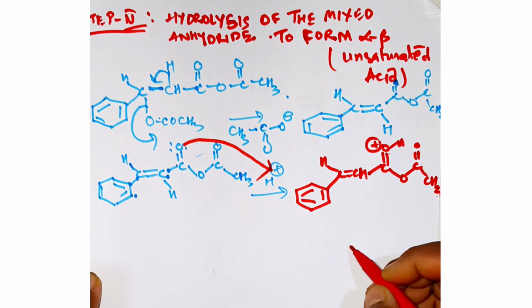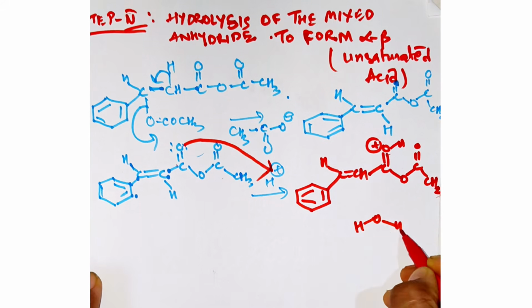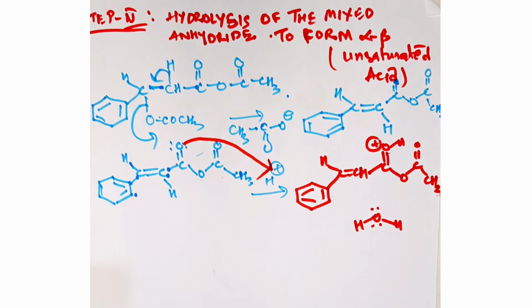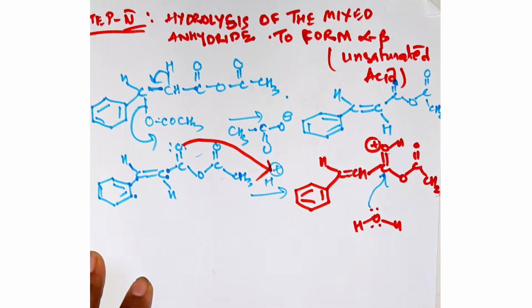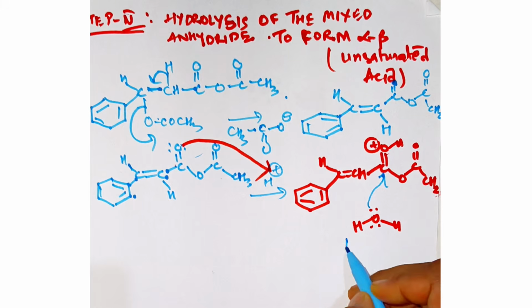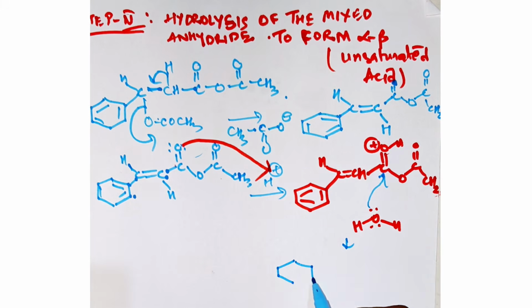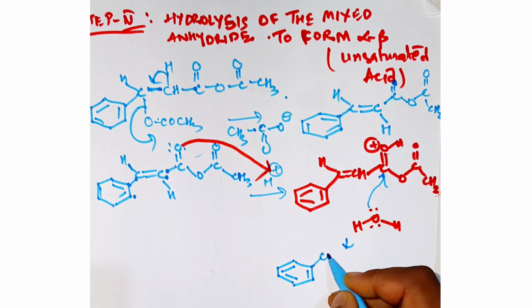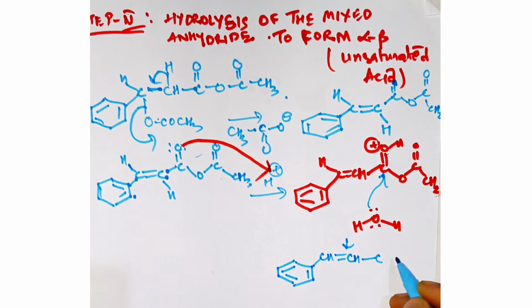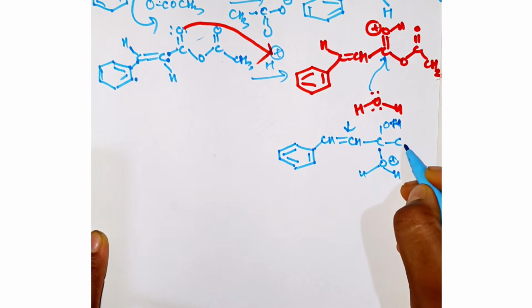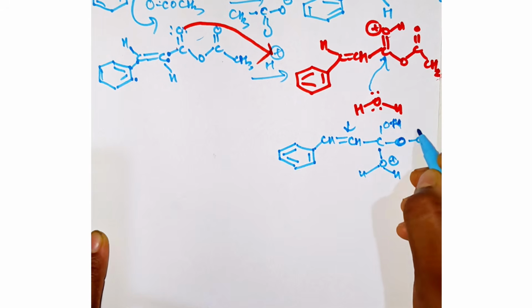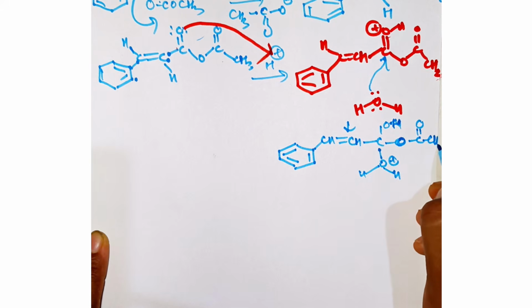Now what happened, this becomes electron deficient, and water is there in the reaction medium. So now this water will go and attack this carbon, this anhydride. So it attacks the anhydride, CH double bond CH. Now see here, it is like this. Now this oxygen becomes OH, C O, C double bond O CH3.